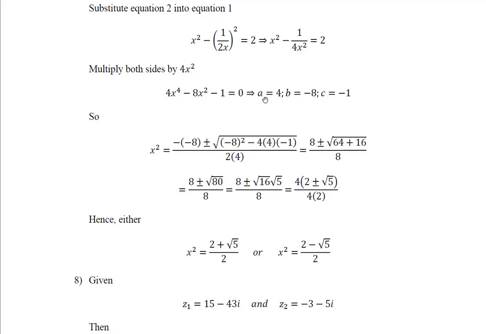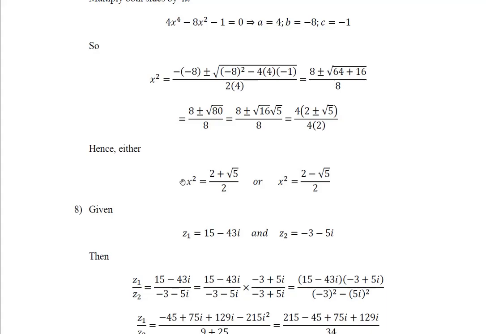That means that a is equal to 4, b is minus 8, and c is minus 1. So x squared would be equivalent to 4 into 2 plus or minus root 5 over 4 into 2. So either x squared is equivalent to 2 plus root 5 over 2, or x squared is equivalent to 2 minus root 5 all over 2.